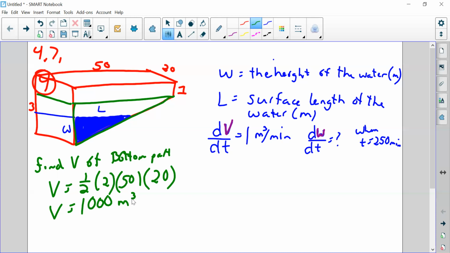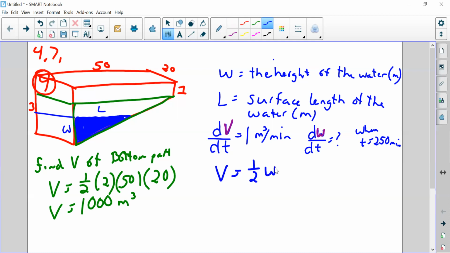All right, so back to the water. To find the volume, first remember how to find the volume of a trapezoidal prism. How would I find the volume of the blue? 1/2. What is my base?